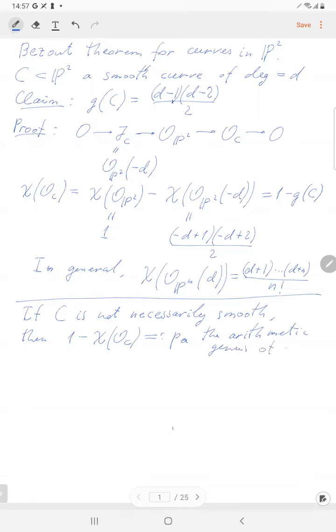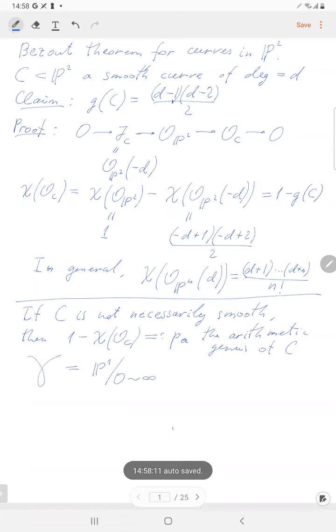Of C. Well, for example, this formula that the Euler characteristic is 1 minus genus. When we introduced those notions, we only dealt with smooth curves, right? And you can have something like this. Nodal curve. Well, so this is, so to say, P1 modulo, you glue two points like this.